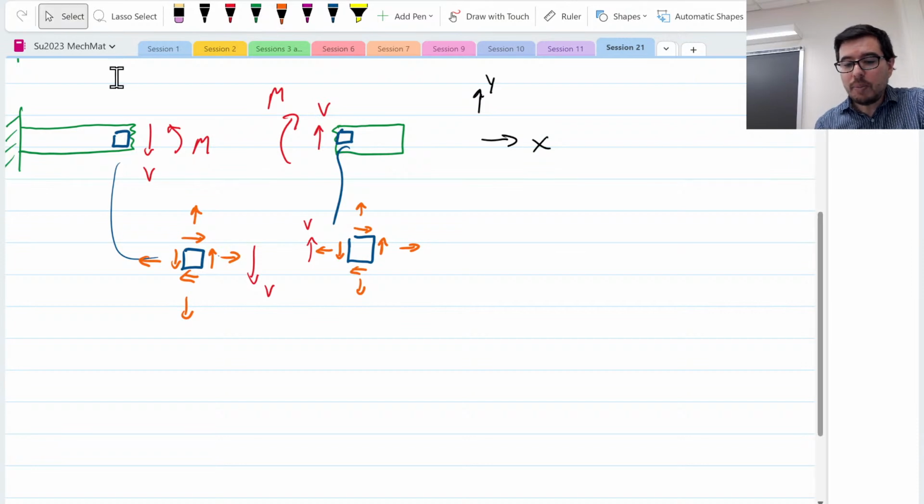And they're on opposite faces. Look, this is in the opposite direction of this. This is in the opposite direction of this. Everything's fine. Everything's confusing, but everything's fine.